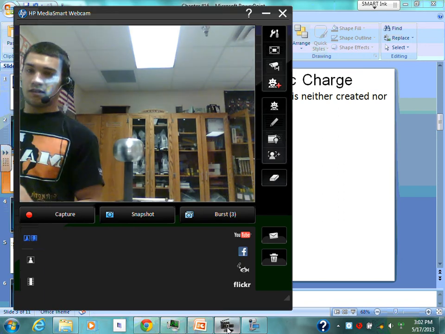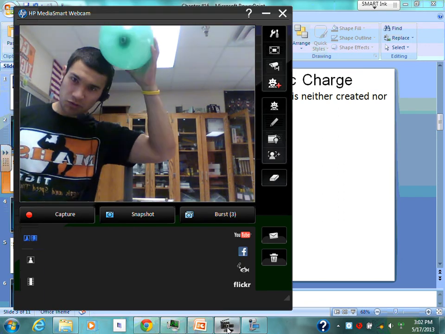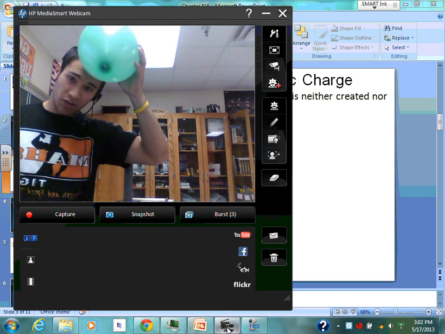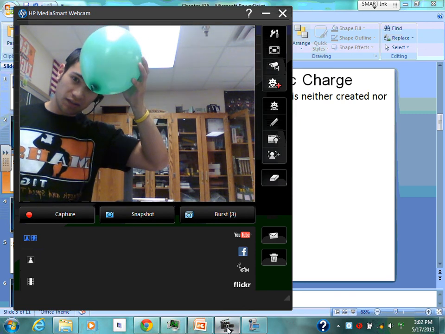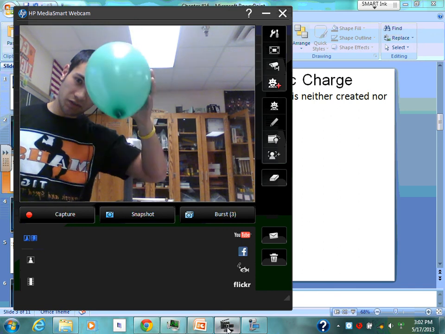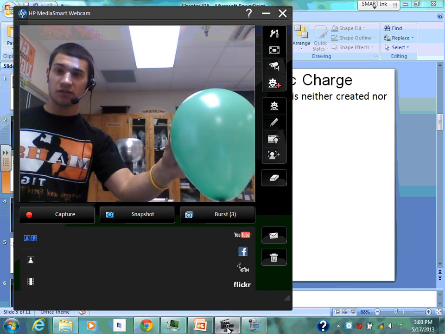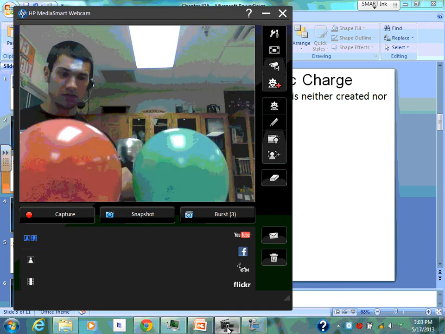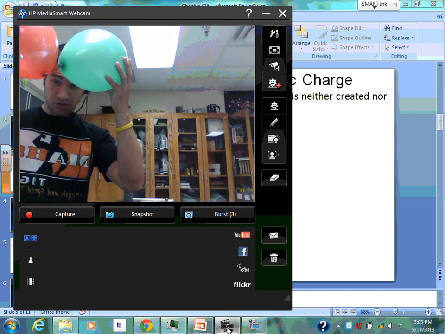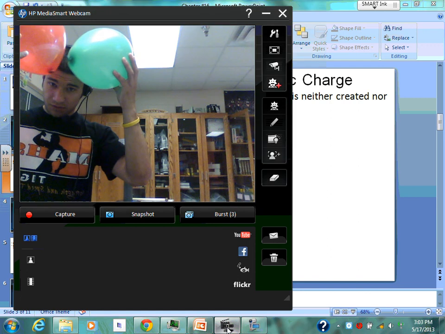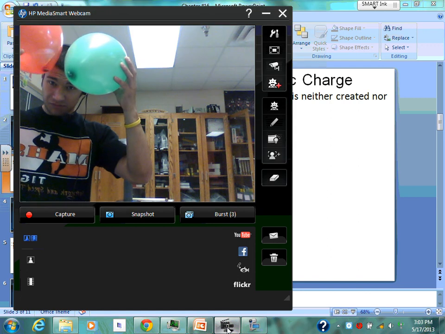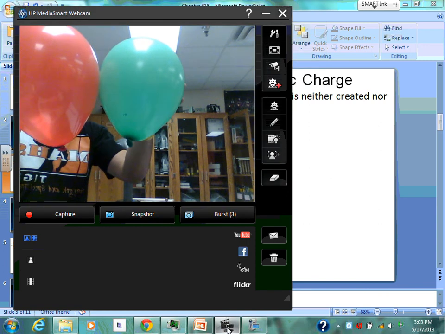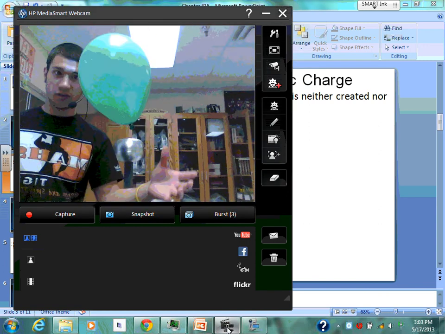So if you rub a balloon on your hair, what's going to eventually happen is that balloon is going to collect enough charges from your hair to change the charge in the balloon. And then you should get an effect where you can get objects to stick together. Hopefully this works. Okay, these should repel because now they should have the same charge.